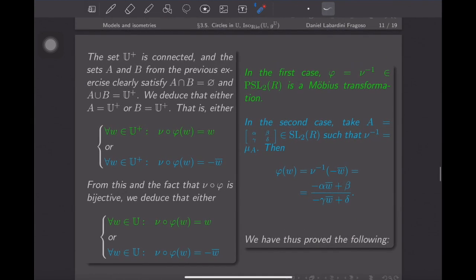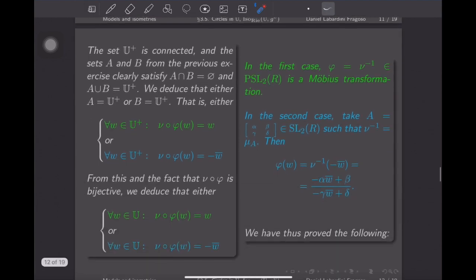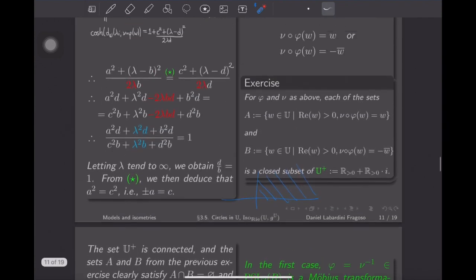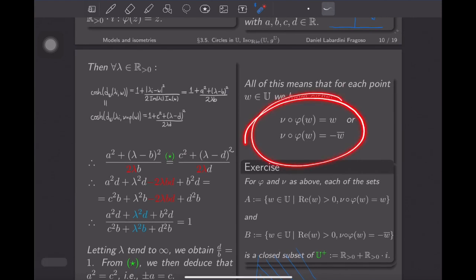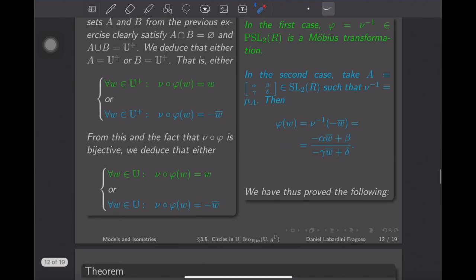Okay, so because of the connectedness of U plus and the bijectivity of nu preceded by phi, now I can guarantee that the conclusion I arrived at is uniform. In other words, either every point is fixed, or every point goes to the other side.